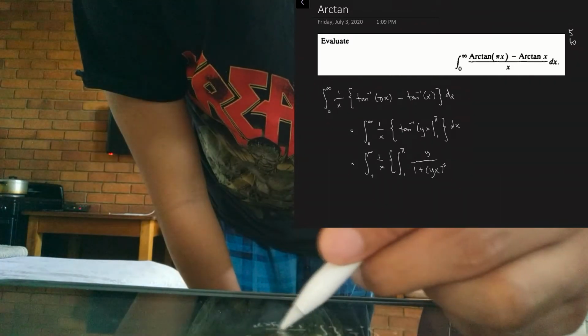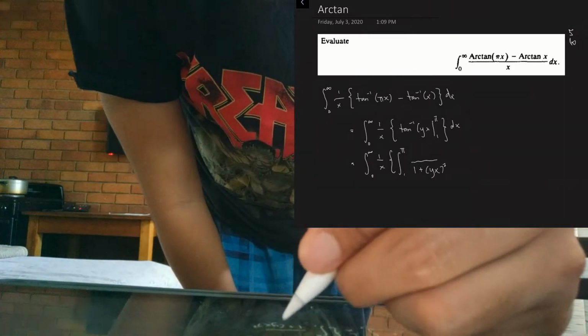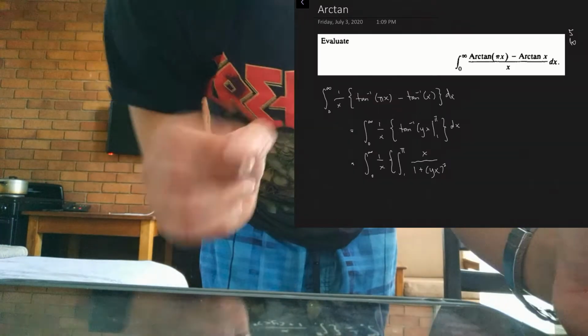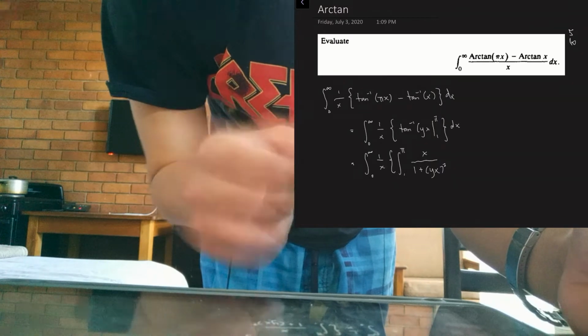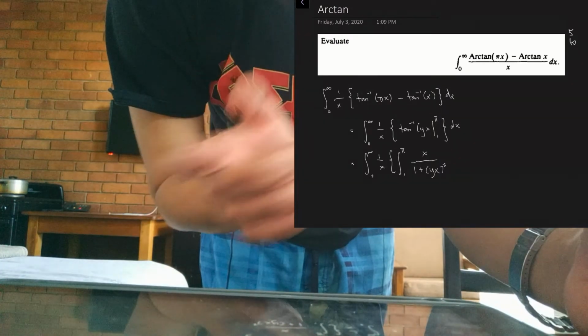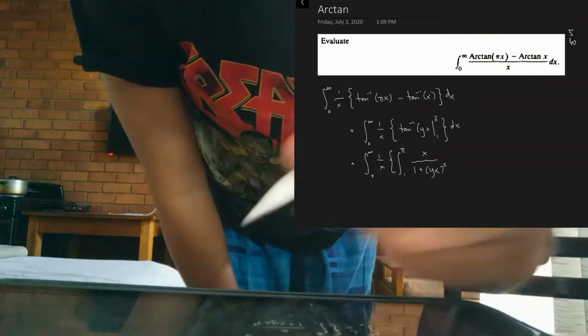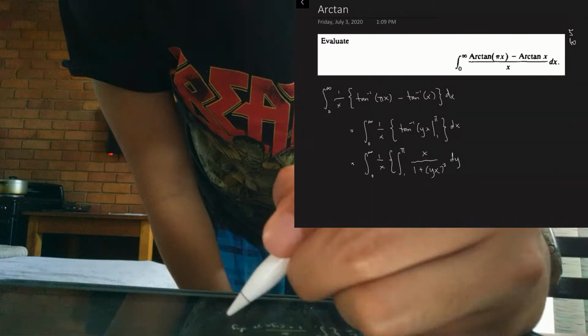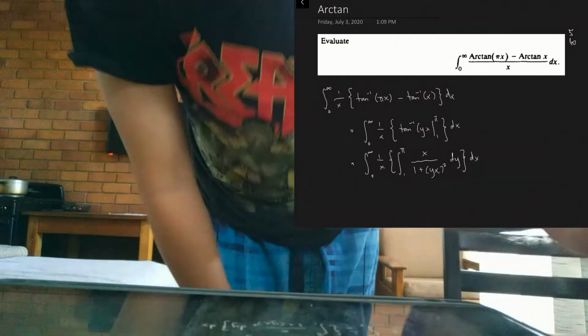And of course, I'm an idiot: the numerator is not y, it should be x, correct? Because when you take the derivative of arctan(yx) with respect to y, x is the constant. So x is the numerator, this is with respect to dy, and then outside you have dx.